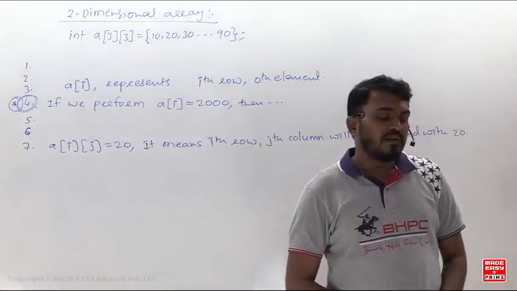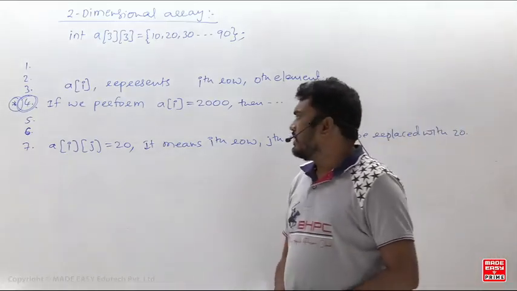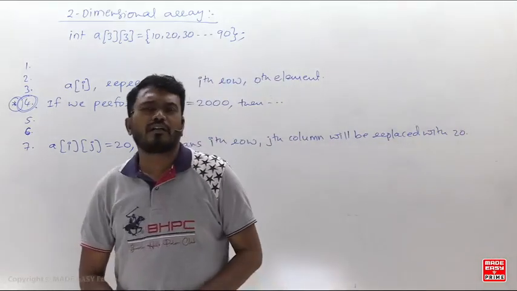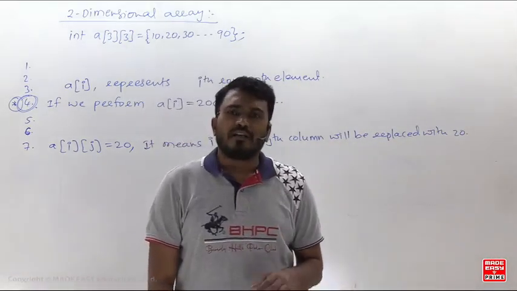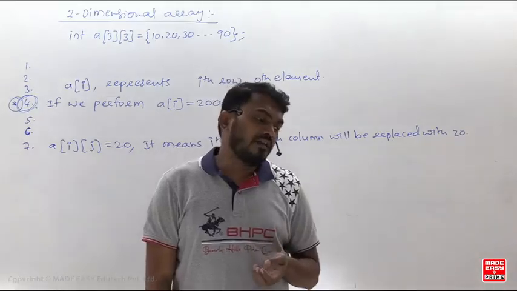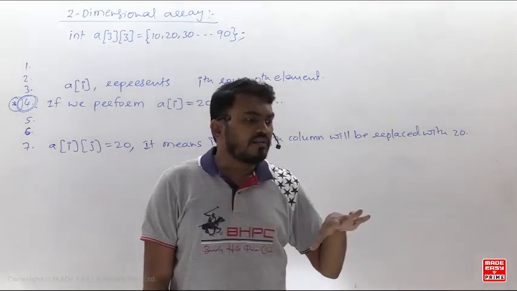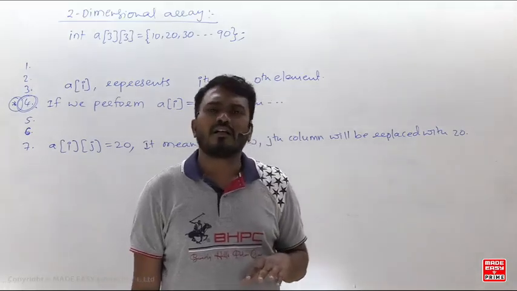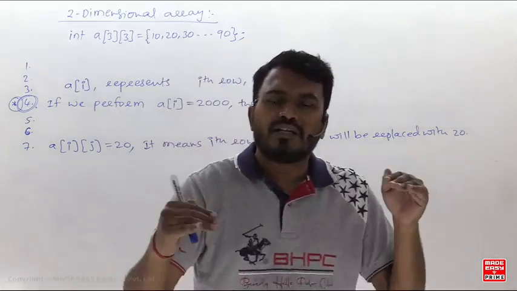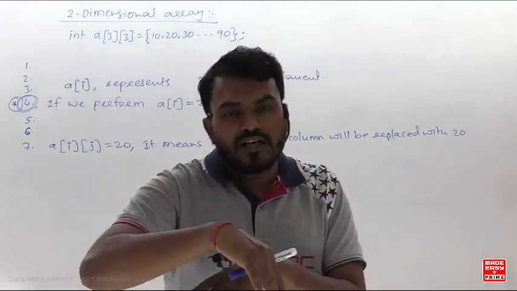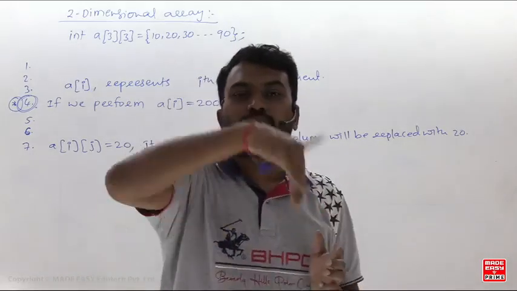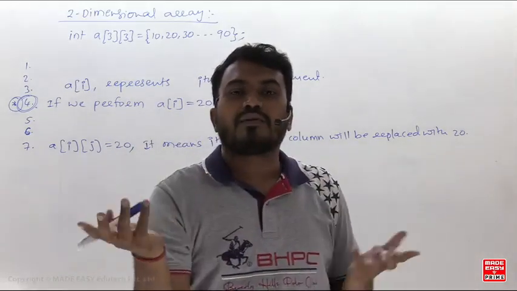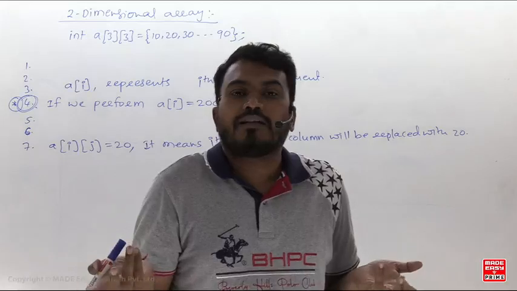Coming to point number 5: the 2D array will be stored in the memory in the form of multiple 1D arrays. Multiple 1D arrays means what? Remember, in the memory there is no 2D array, no 3D array, no rows, columns or diagrams.